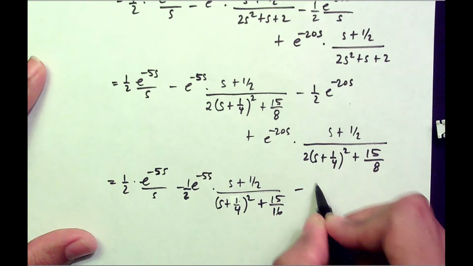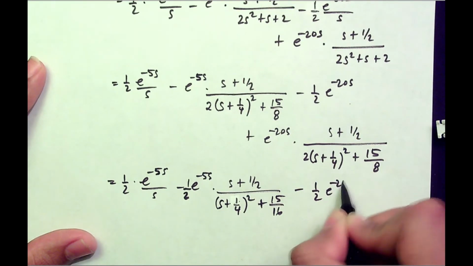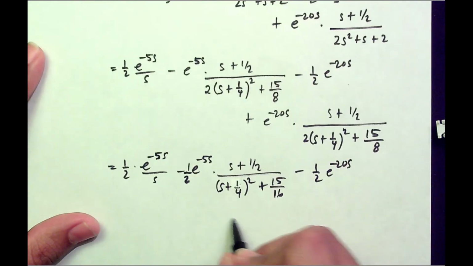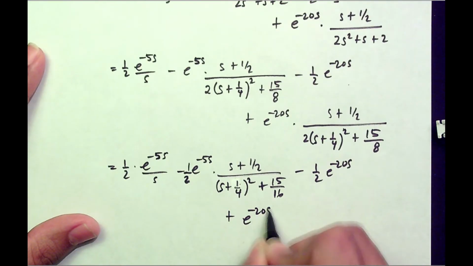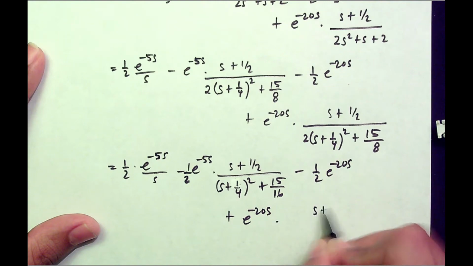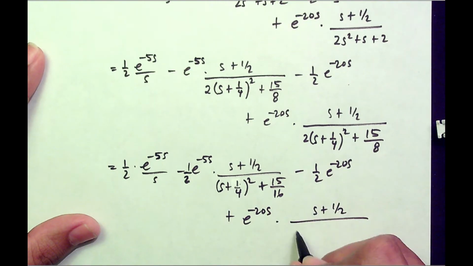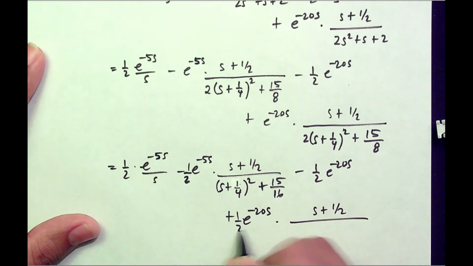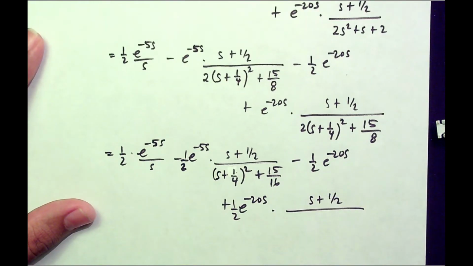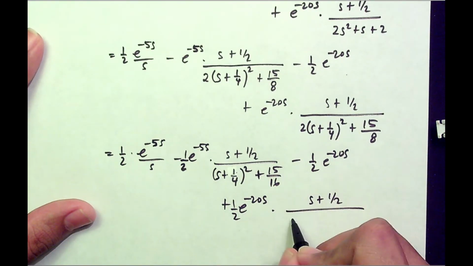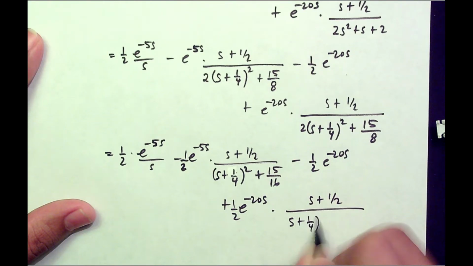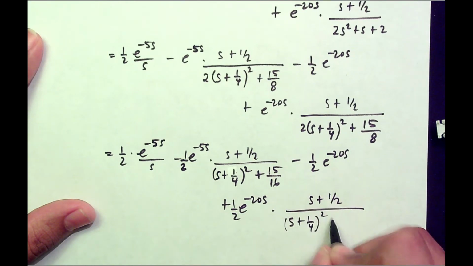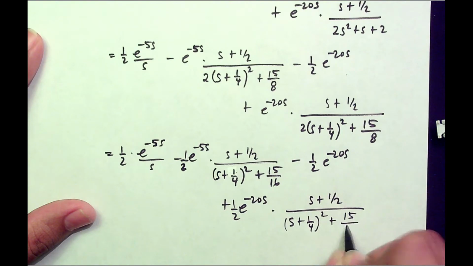Okay, minus 1 half e to the negative 20s, and then this last term, plus e to the negative 20s times s plus 1 half, all that over, and I have to do the same thing here. I'm factoring out the 2, so you're dividing the whole thing by 2, putting it in front, so this is plus 15 over 16.